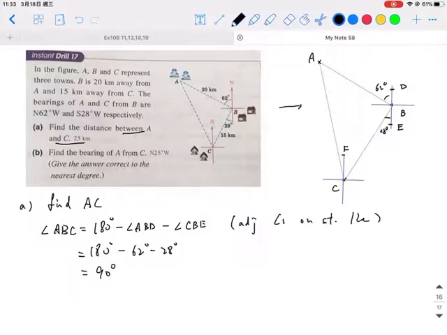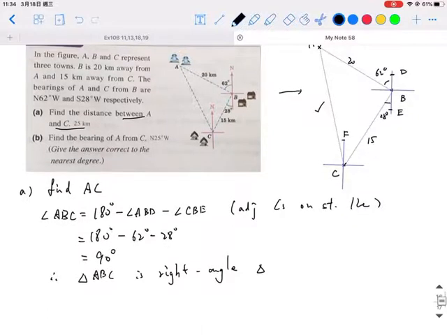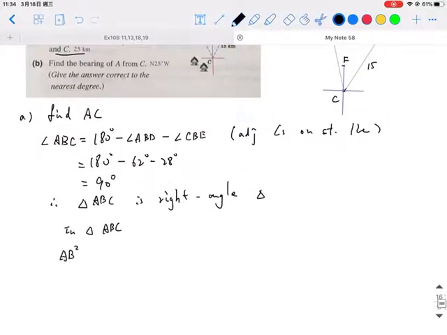So as we know, ABC is 90 degrees, therefore triangle ABC is a right angle triangle. Then we can use Pythagoras theorem, because AB is 20 kilometers and BC is 15 kilometers. In triangle ABC, you can write down AB squared plus BC squared equals AC squared, and you need to write down the reason: Pythagoras theorem.